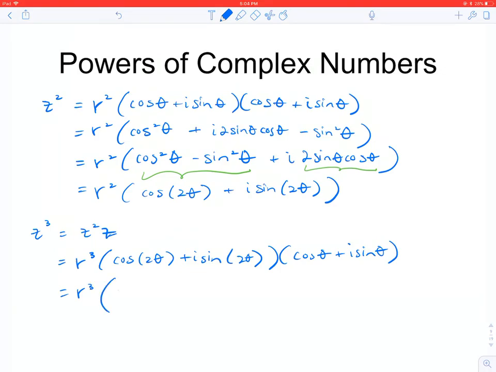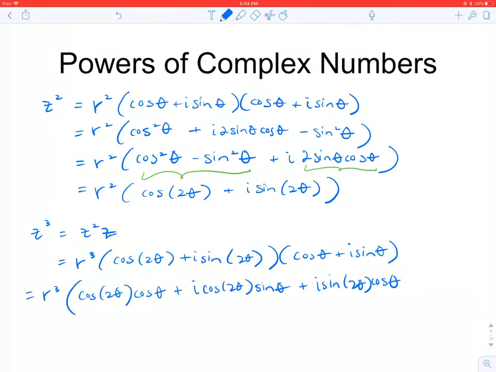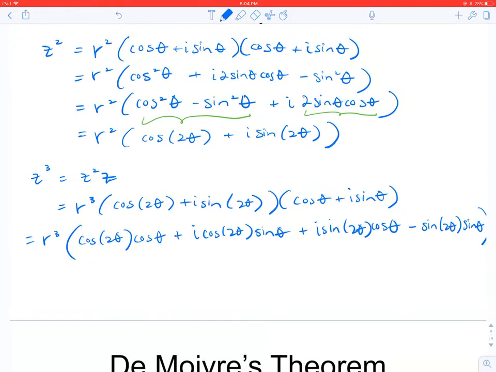times cosine theta plus i sine theta. And if we multiply that out, we'll have cosine 2 theta times cosine theta plus i times cosine 2 theta sine theta, plus i sine 2 theta cosine theta, and then that'll be minus sine 2 theta sine theta.